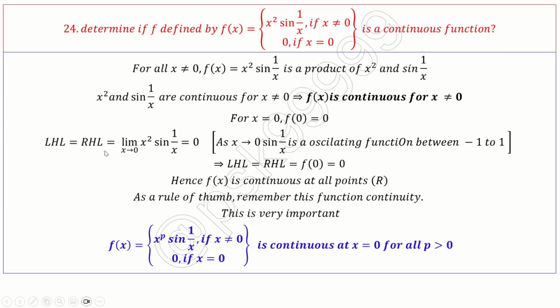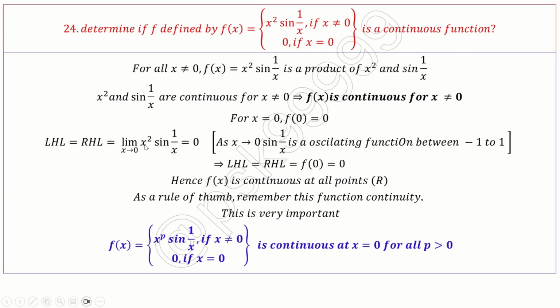For LHL equal to RHL, both are the same basically, because whether x tends to 0 minus or 0 plus, I am going to take the definition as x square into sine of 1 by x. So I just took the limit x tends to 0 of x square sine of 1 by x, which is equal to 0. Why is it 0? Whatever the angle, sine is always between minus 1 and 1. It is an oscillating function between minus 1 and 1.